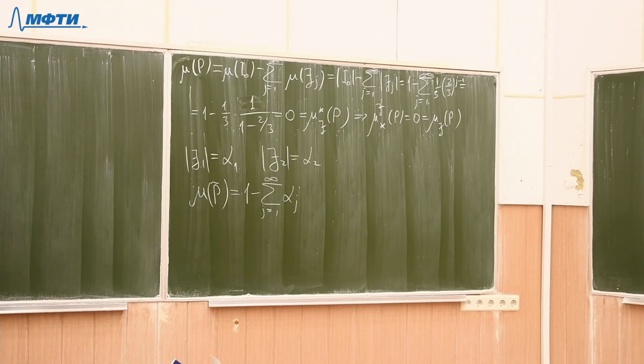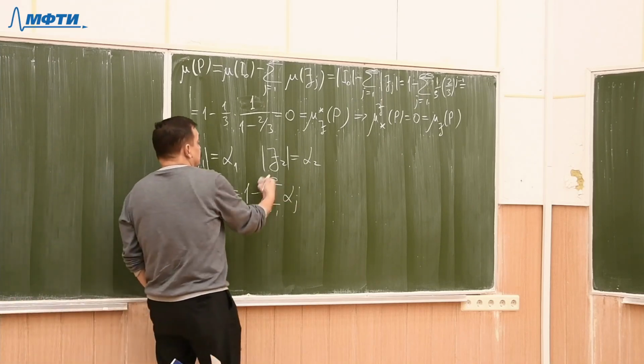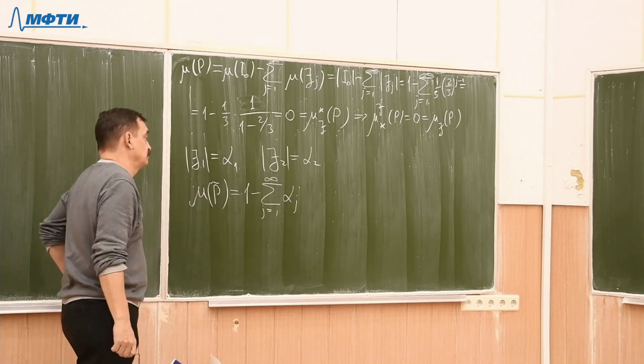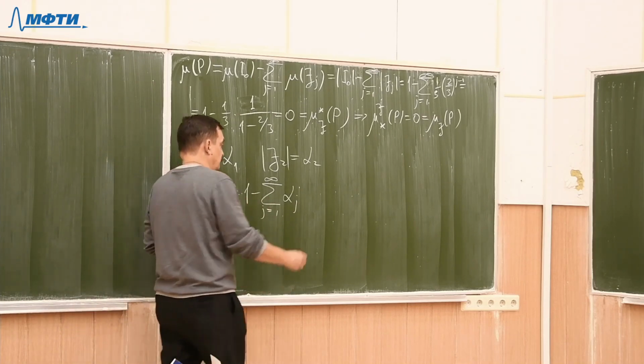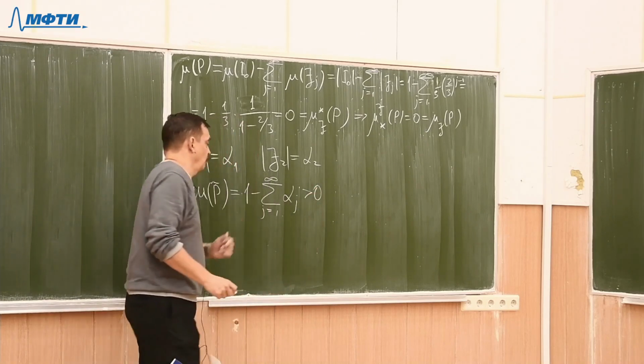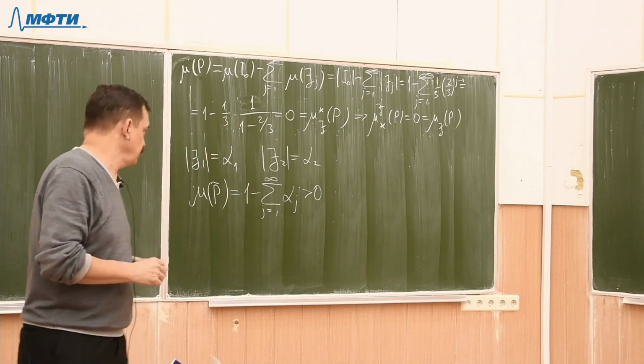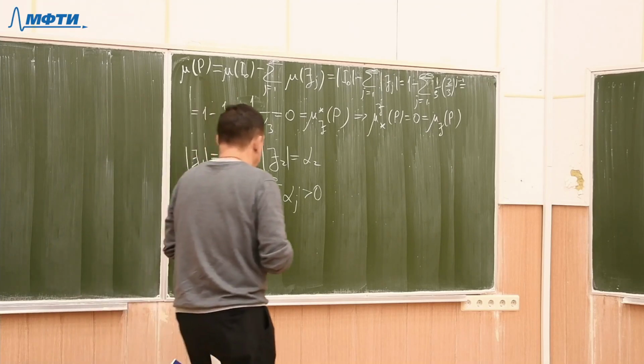And if we have this series with sum smaller than 1, right, then we can obtain positive measure here.